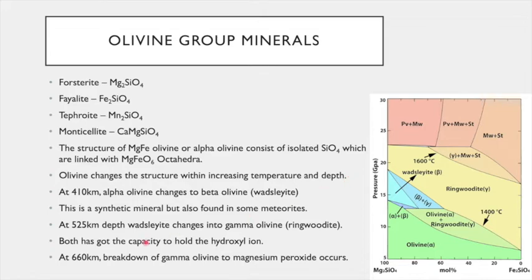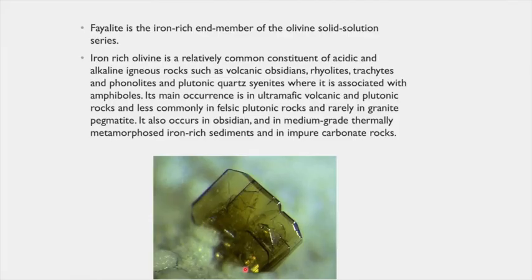Now both have an interesting fact, that both have the capacity to hold the hydroxyl ion. At 660 km, if you go deeper and deeper, breakdown of gamma olivine to magnesium peroxide occurs. So this only breaks it down.